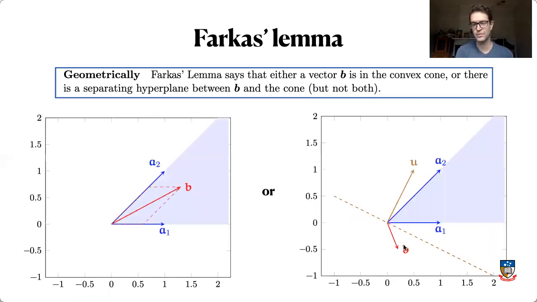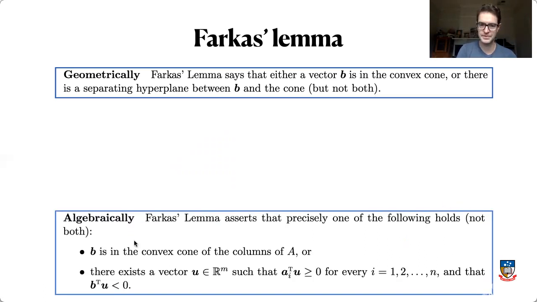That's an algebraic way of writing that this u exists such that b is underneath this hyperplane, and the convex cone is above this hyperplane. So it's an algebraic way of writing down this idea: there is a separating hyperplane between vector b and the cone.